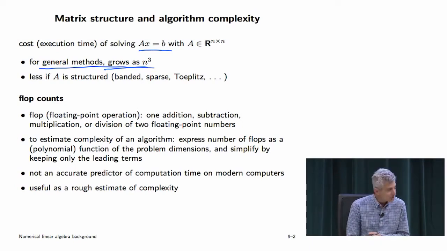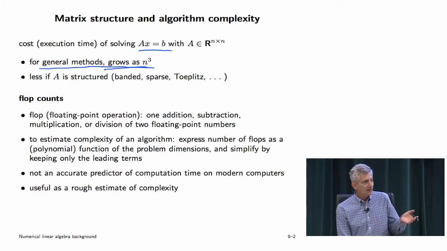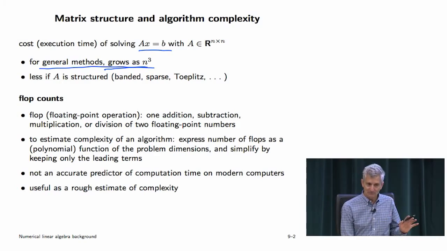Structure is stuff like banded. A banded matrix is one where basically Aij is 0 if the difference between i and j is bigger than some threshold. Systems like that can actually be solved in linear time. Unless you knew this, it's not obvious.